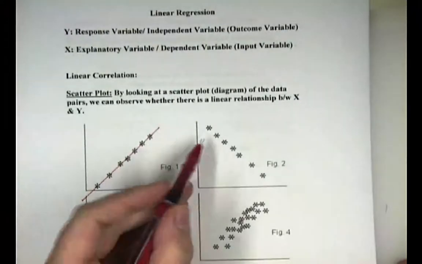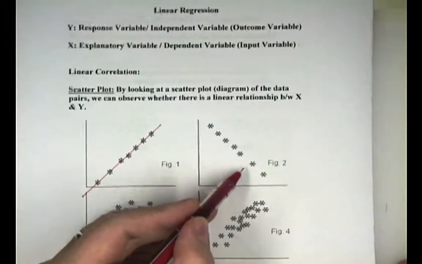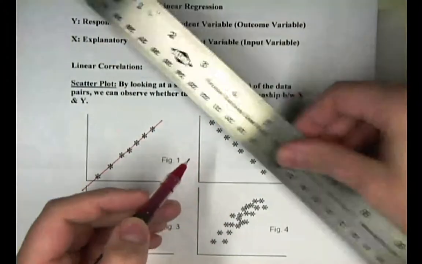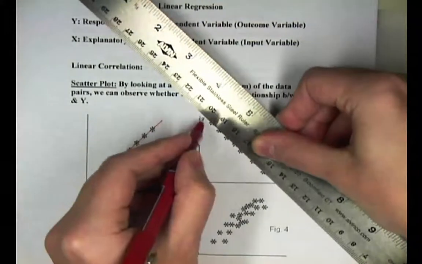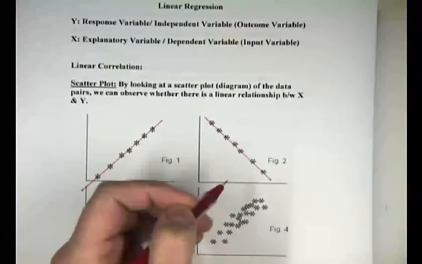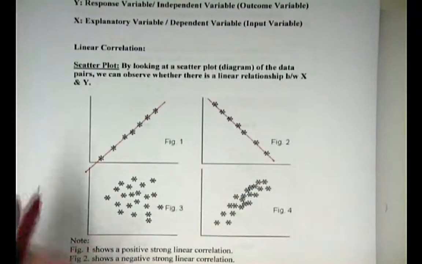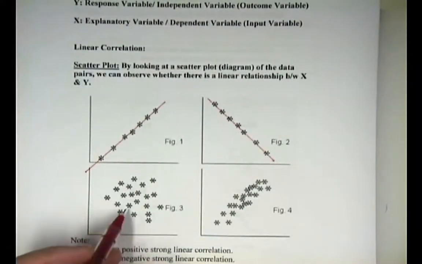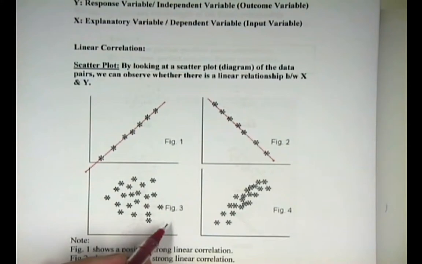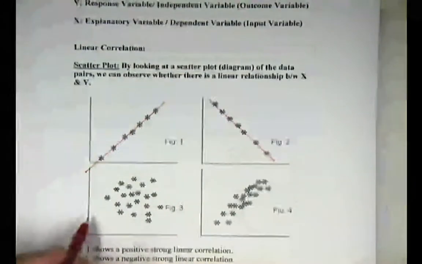Figure 2 also looks like it makes a pretty straight line. However, the line has a negative slope. So we would say figure 2 shows a negative, strong linear correlation. Figure 3 is the same setup where the x's are along the x-axis and the y's are along the y-axis.